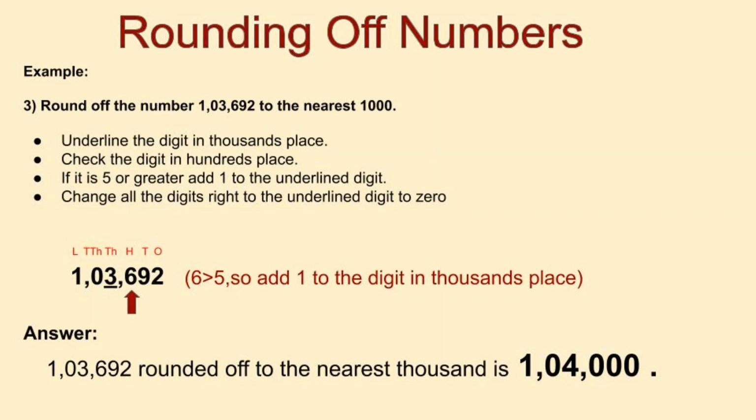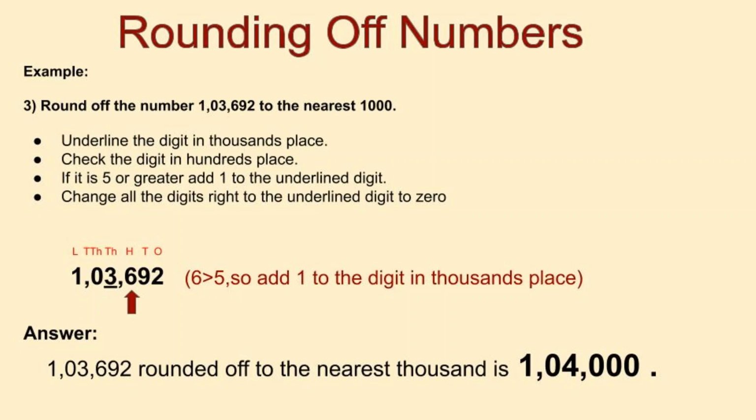Let's see an example for rounding of the number to the nearest 1000. Question is, round off the number 1,03,692 to the nearest 1000. Let's see the solution. What number is in thousands place? It is 3. Underline the digit 3. Check the digit in hundreds place whether it is 5 or greater than 5.